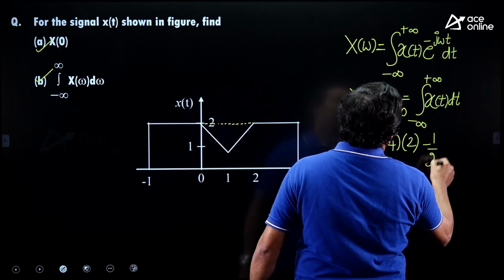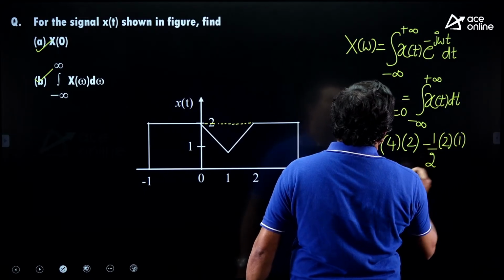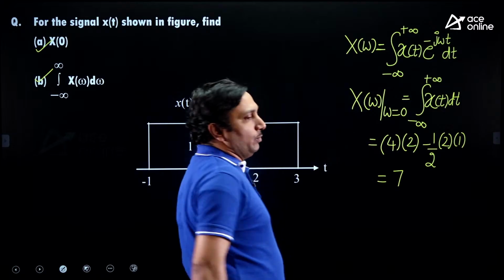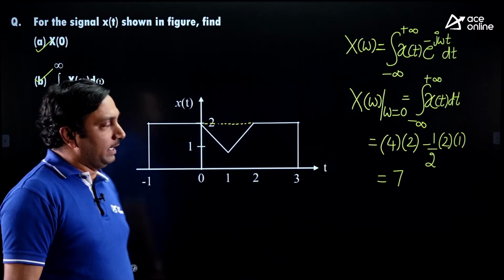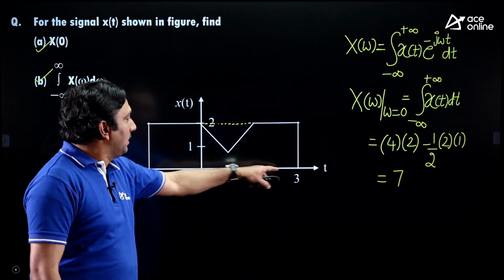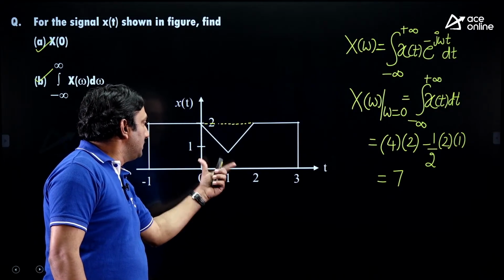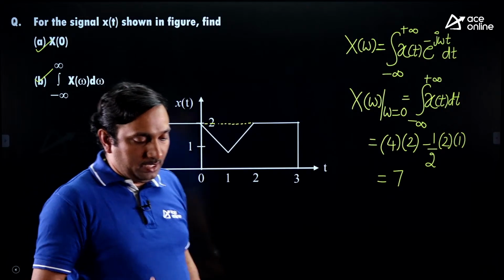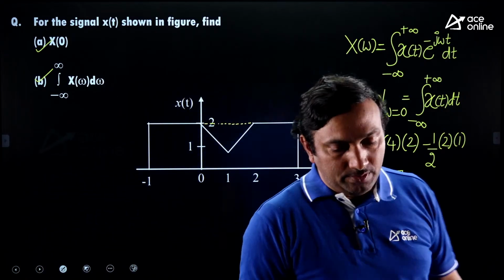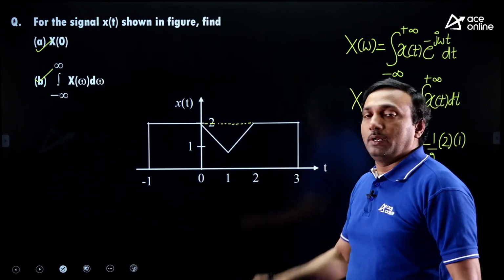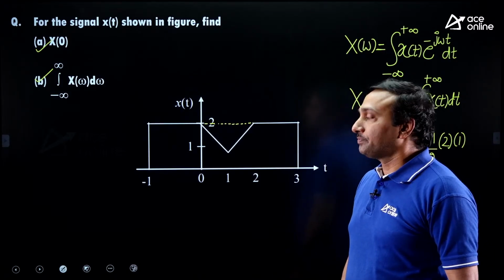Half base height, half into 2 into 1. Make the shape appear like a rectangle, and from that remove the triangular part area. That gives the spectrum at 0.